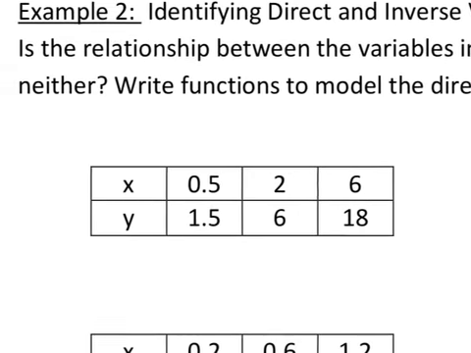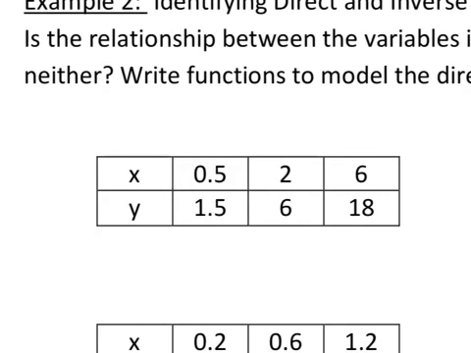What is x doing as we move right to left? Increasing. And what is y doing? Increasing. So what possible kind of variation do we have? Direct. I'll put direct with a question mark because we haven't confirmed it yet.